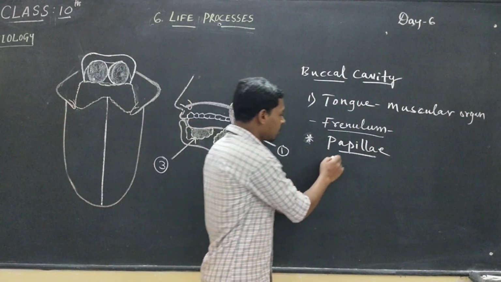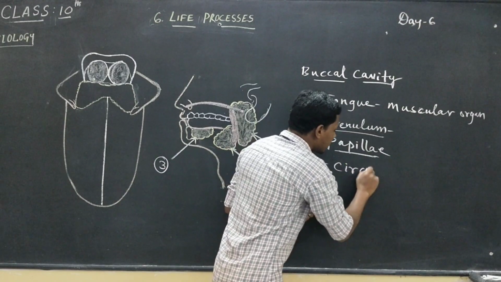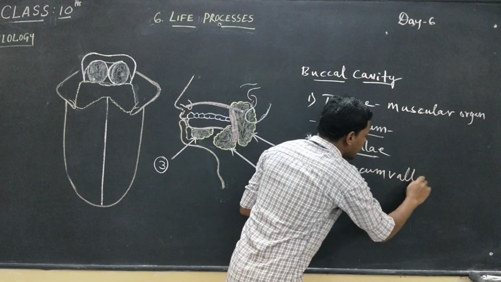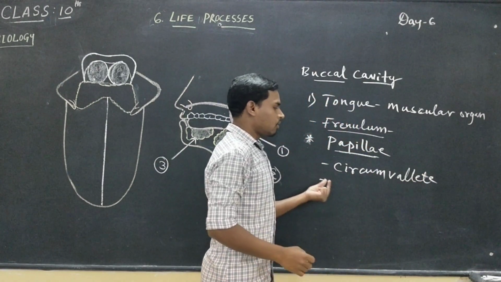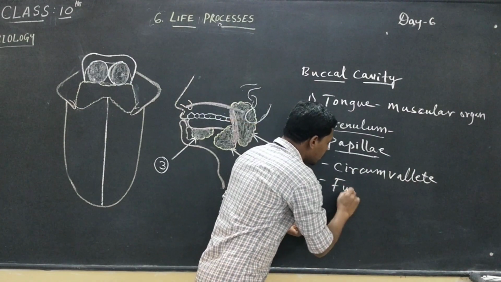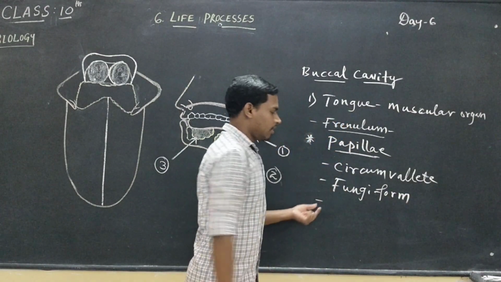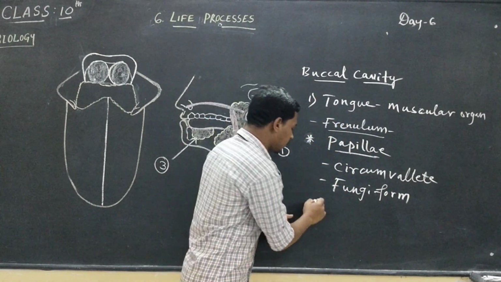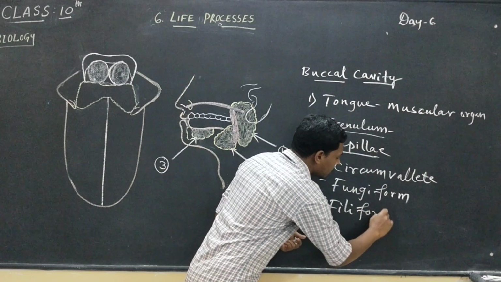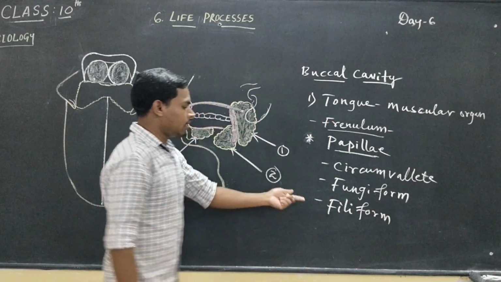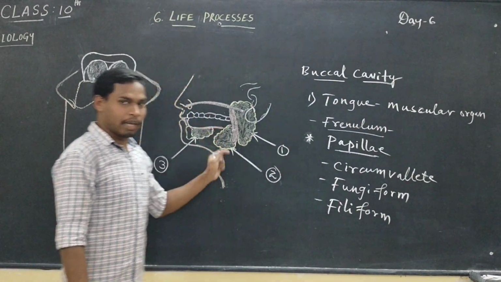First is circumvallate papillae, the next one is fungiform papillae, and the third one is filiform papillae, and their arrangement is quite peculiar.